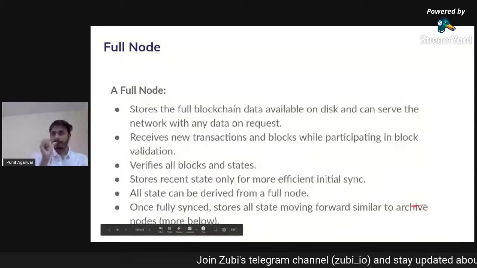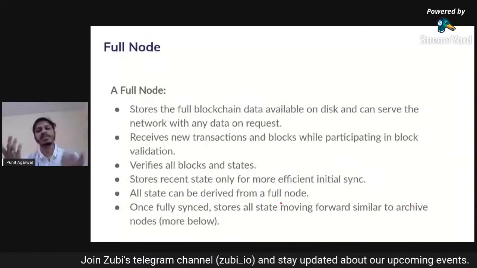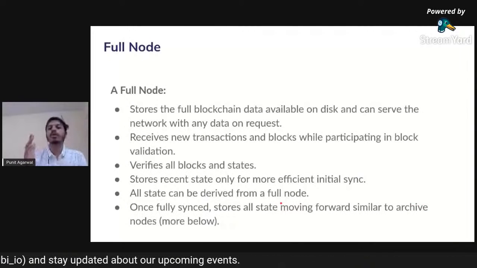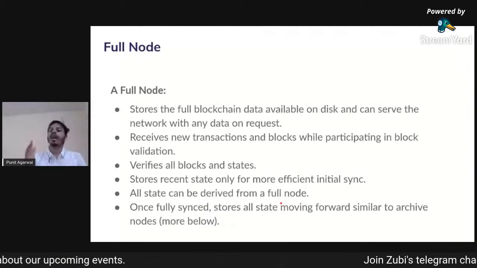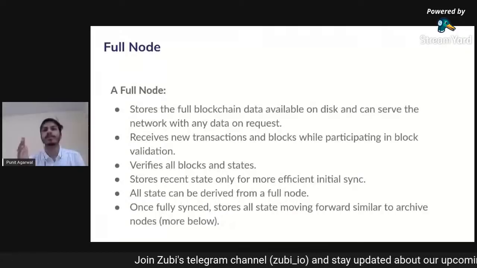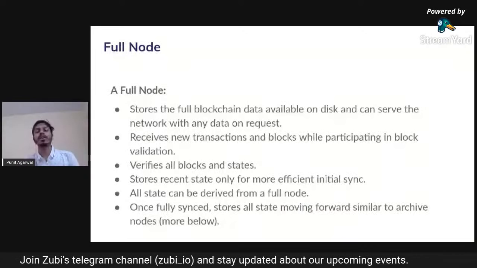So basically, a full node can have all the information related to a blockchain. If you want the entire information of an Ethereum network or something, you would want to create a full node. What is the limitation of it?